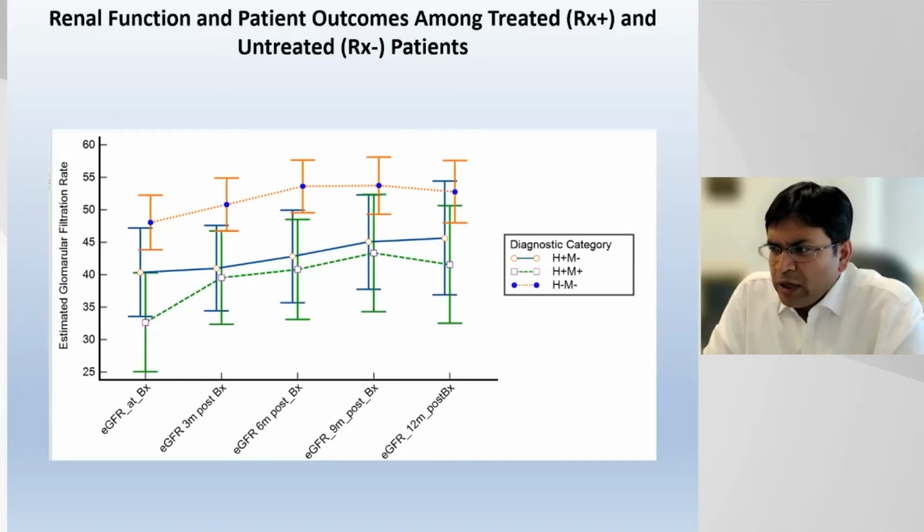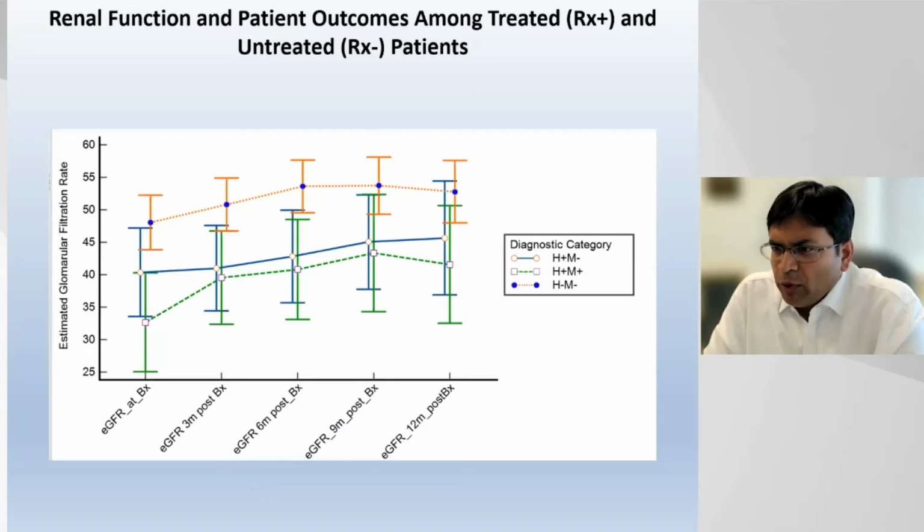When you compare that to the H plus M minus, which is the dark blue line, the GFR here is slightly better at 35. And then you have a dotted orange line where it's the H minus M minus, where the GFR is around 40 at the time of biopsy.